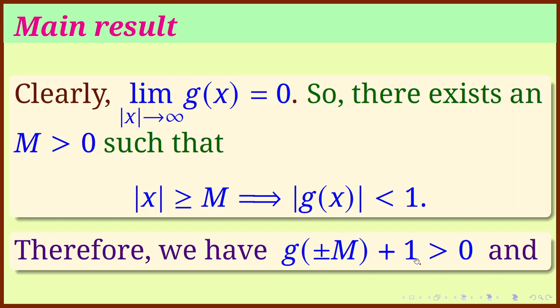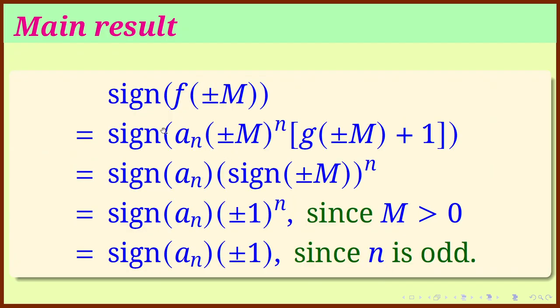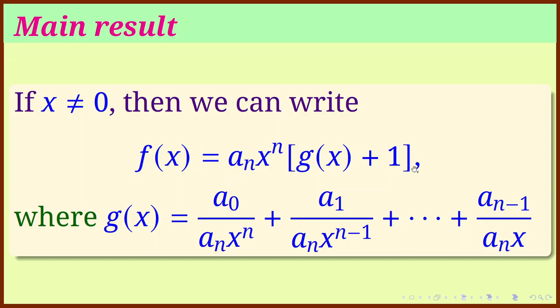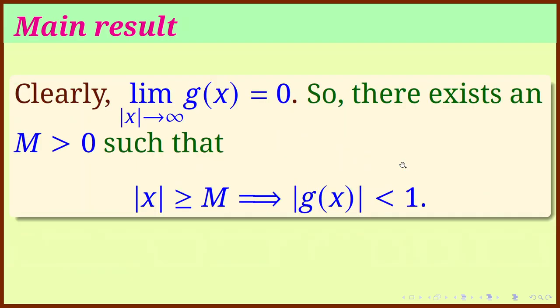And what about the sign of f of plus m or f of minus m? What is f(x)? f(x) is this. So f of plus m or minus m is an times plus or minus m to the power n, times g of plus or minus m plus 1. That is what is written here.